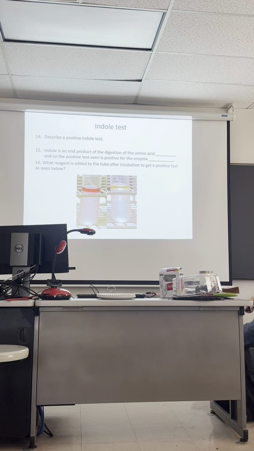And so the positive test is seen as a positive for what enzyme production? Tryptophanase. It's a complex, tryptophanase. What reagent is added to the tube after incubation to evaluate the indole test? Kovacs reagent, that's right.